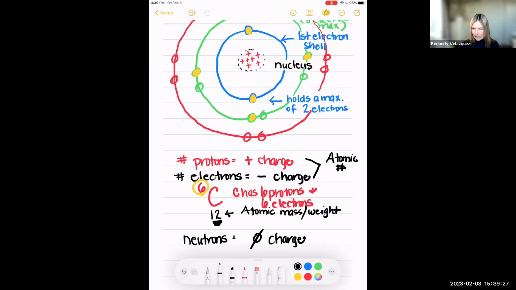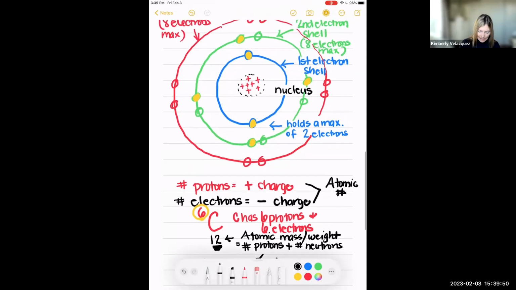That number 12, the atomic mass, is equal to the number of protons in the nucleus of each atom plus the number of neutrons. Those add up to give the mass of every atom on that periodic table. So that means all the mass is located here in the nucleus.